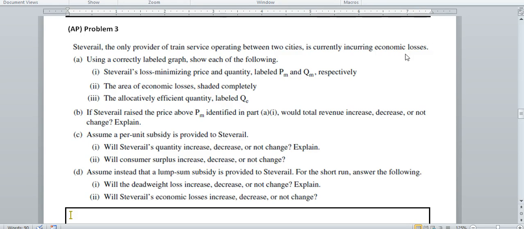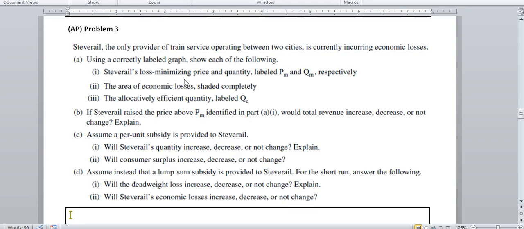We want to label your graph to show your loss minimizing, or depending on where it is, you could say either loss minimizing or profit maximizing. But since we know we're incurring a loss, we're going to want to be at a point where we minimize the loss, which is where we typically find that on a monopoly, and I'll show you that shortly.